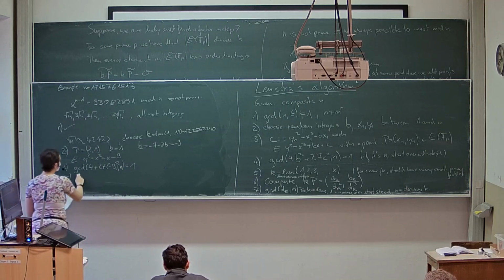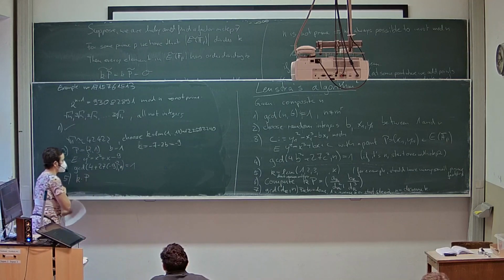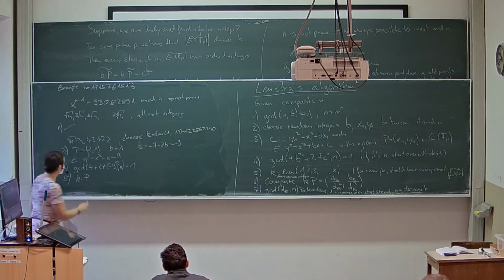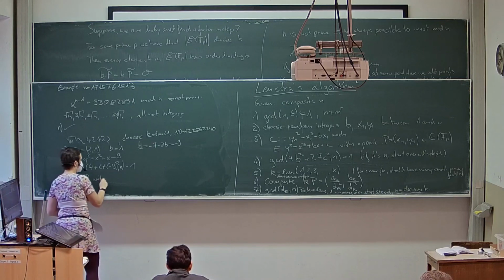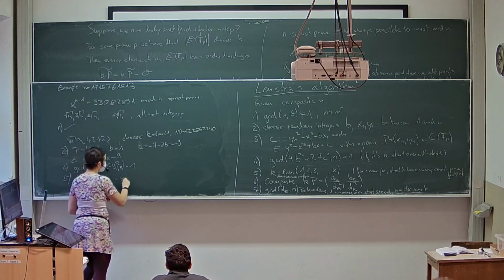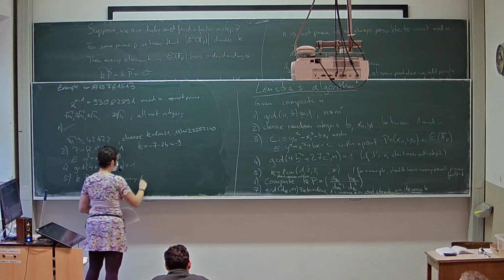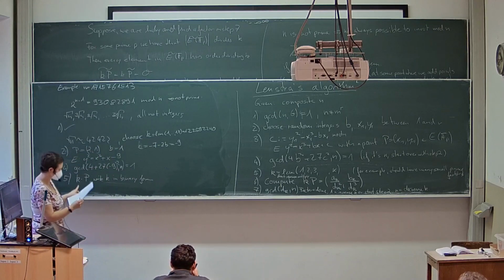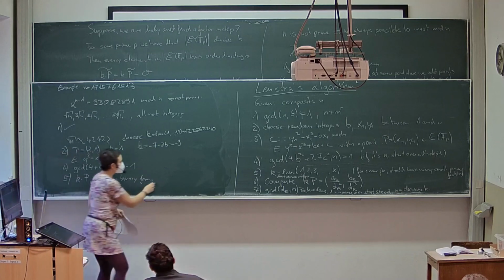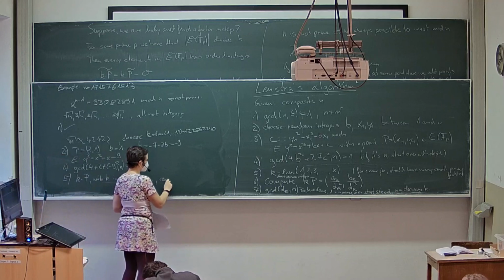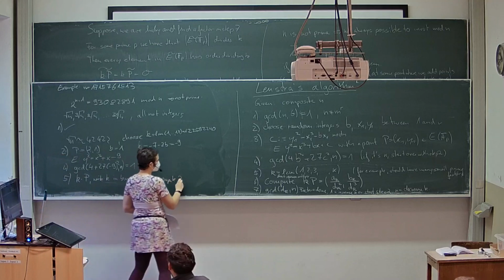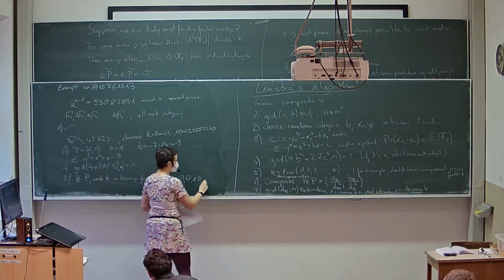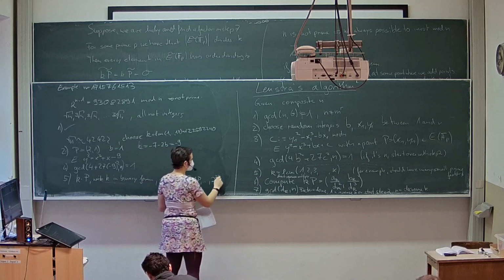Yeah, now we're at 5, and we want to compute k times p. So k is a large number. We write k in binary form. And log k is something like 23, so we have to compute 2p, 4p, 8p, until 2 to the 23p.